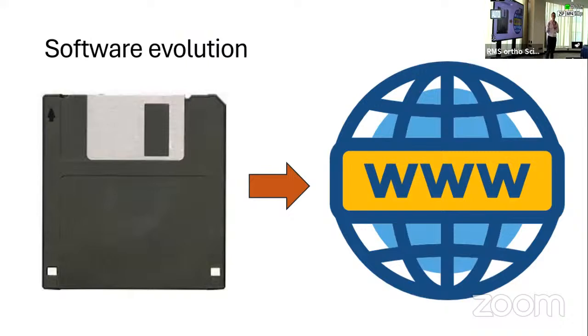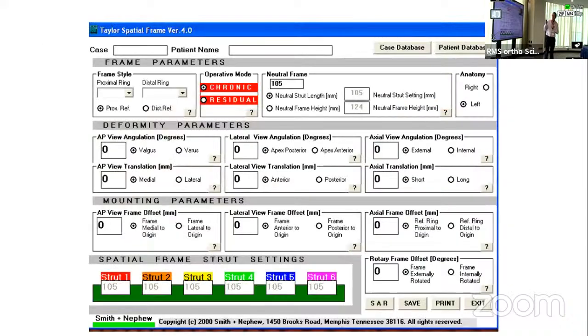So in 1998, it was this thing, a 3.5-inch disc, old school. Smith and Nephew would hand it to me, I'd put it into a laptop, and I'll show you the screen in a second. But now, obviously, the evolution is onto the internet, and it's much more convenient. So this was the first.